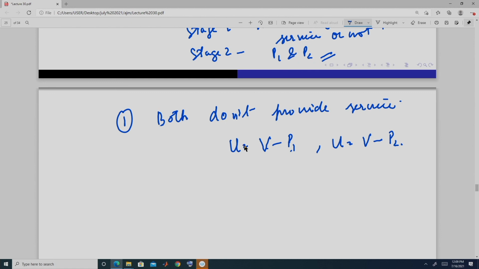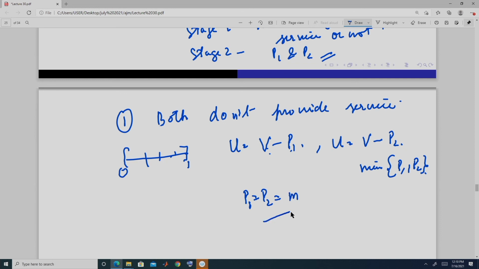If this person is given in his location here or here, any point, it will choose the firm where the price is lowest. So, it is the minimum of P1 and P2. If it charges anything greater, it is not going to buy. So, ultimately P1 is equal to P2 and it is equal to M. This is the optimal strategy, and the profit of firm 1 is 0, profit of firm 2 is 0 in this case, when both do not provide service.